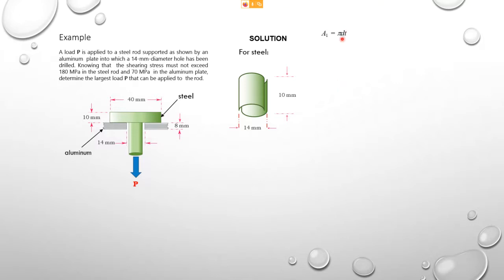So that is the area. Pi d is the circumferential length, multiplied by the thickness of this, which will give you the whole internal surface area.